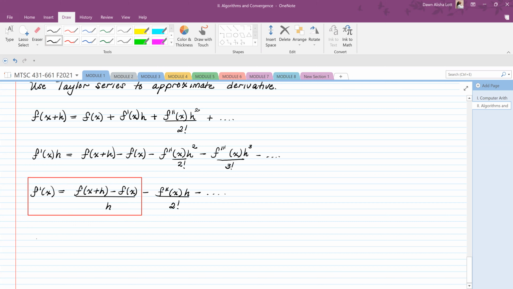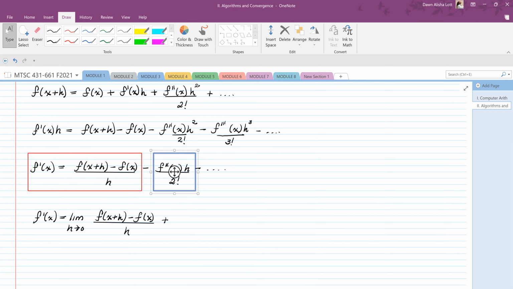So we have f prime of x then is the limit as h approaches 0 of f at x plus h minus f at x all over h. And then this next term here is basically what we say on the order of h.